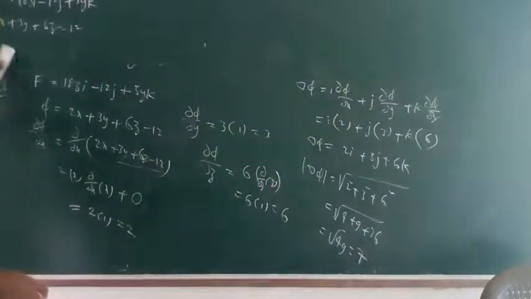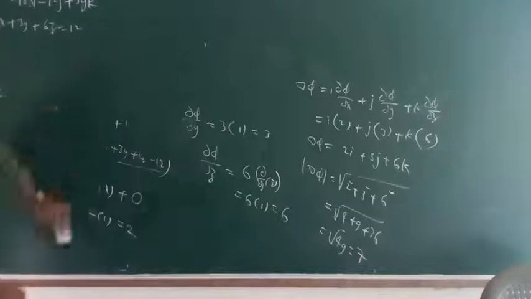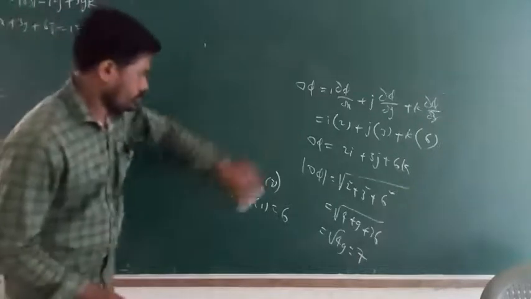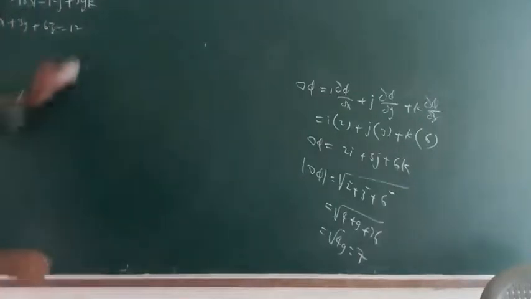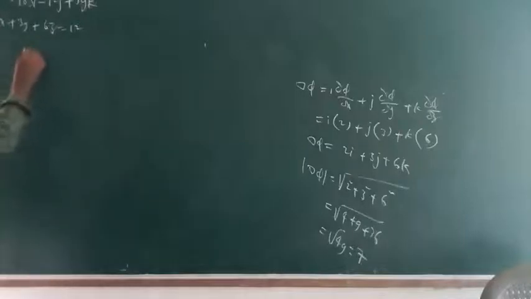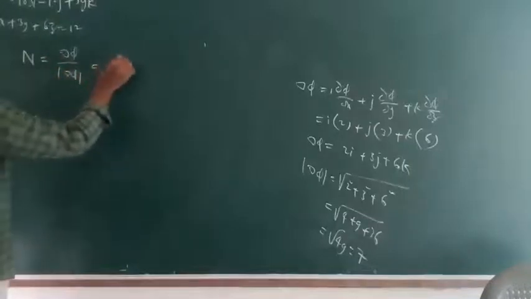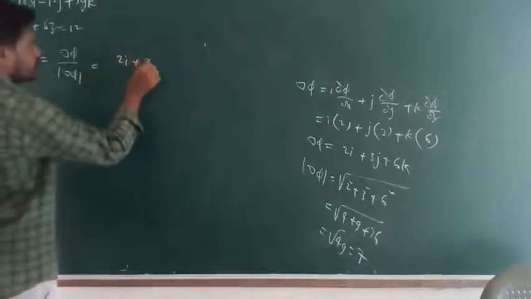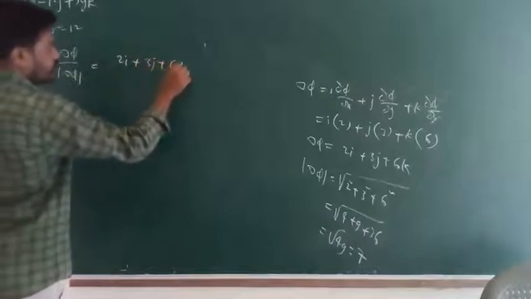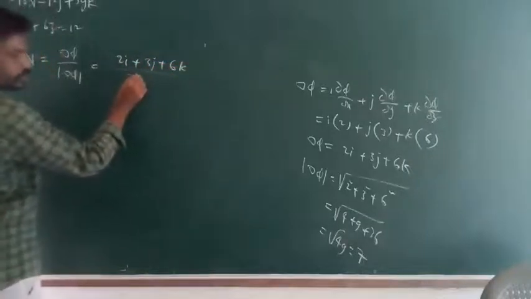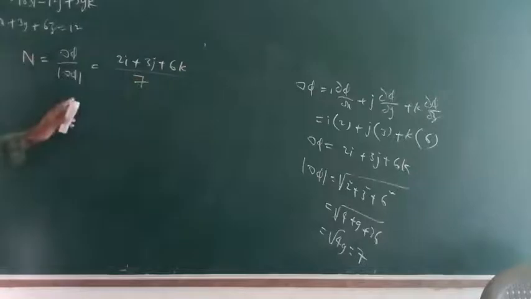Next, the value of capital N. The unit normal is del phi by mod del phi, which is 2i plus 3j plus 6k by 7. Mod del phi is 7. The N value is complete.